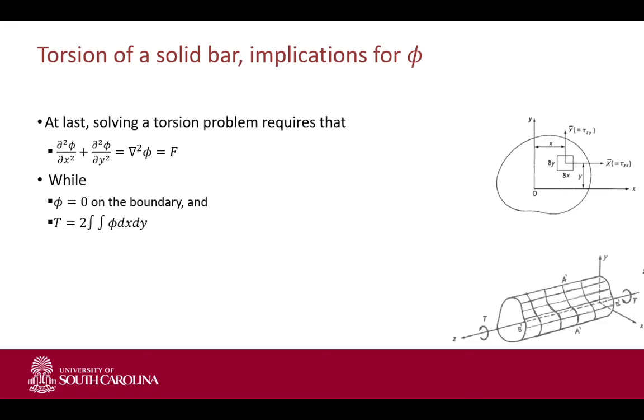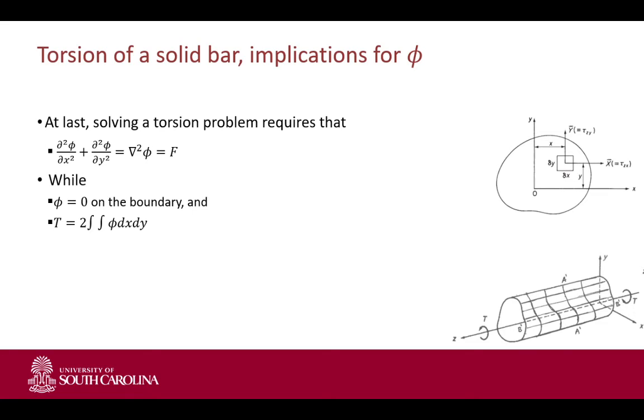At the end of the day, to solve a torsion problem using the Prandtl stress function, we must satisfy a couple of things. Per definition, we know that tau yz is equal to d phi dx, and tau xz is equal to minus d phi dy. So we can define a function phi that has this form for the shear stresses.